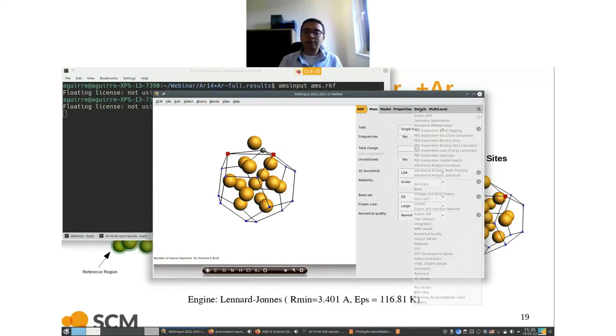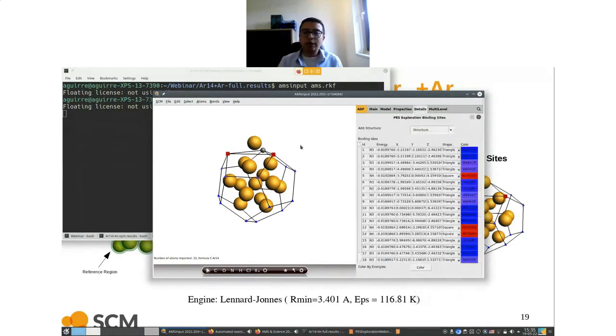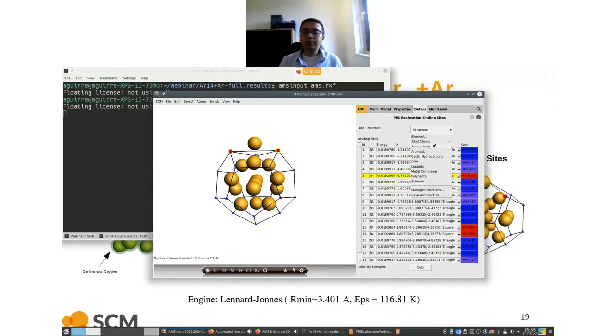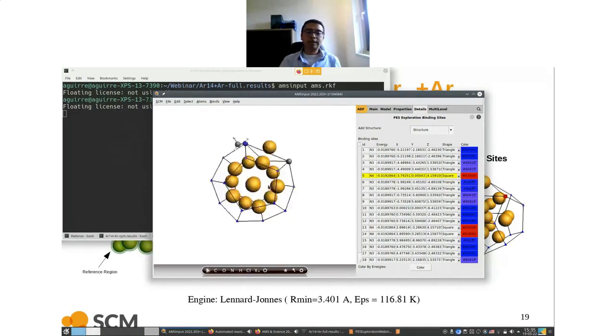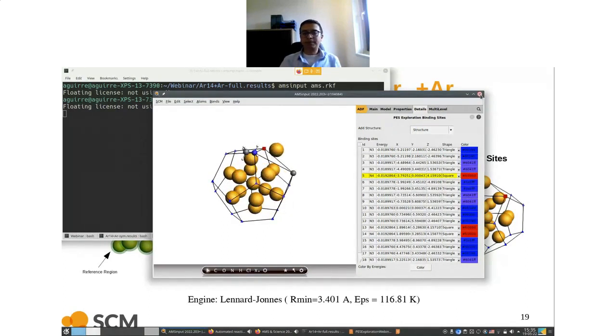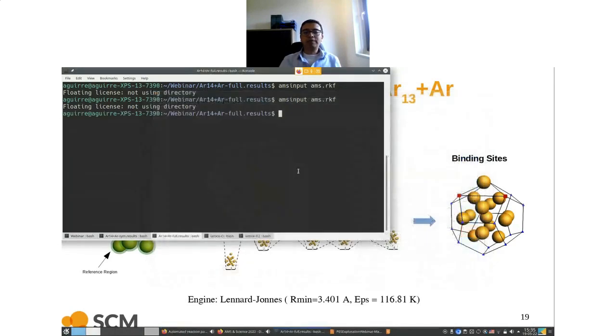So additionally, you have nice options, like for example, if you want to attach a molecule here, you can use, I don't know, let's say this ligand, that I like. And you can include it here, there, and for example, run again the energy landscape exploration and find new binding sites, and so on. Here's a nice example to illustrate that. Okay.